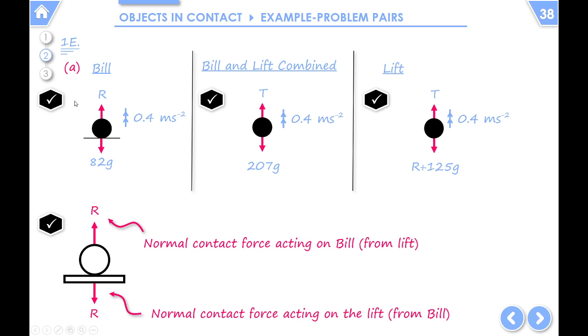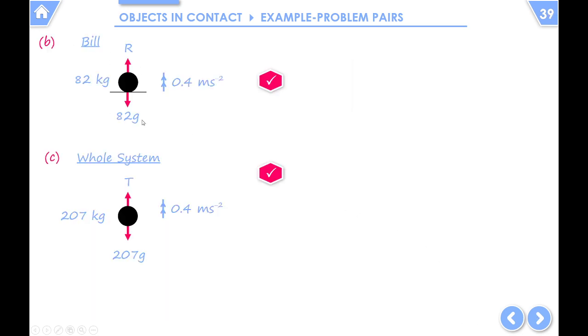So in this question, we're going to use the diagram for Bill on his own. So that's what we've got here. Then all we need to do is resolve vertically. So we'll take upwards to be the positive direction, and we'll have R minus 82G. So net force is the forces up, which is R, minus the forces in the opposite direction, 82G, and that equals mass times acceleration.